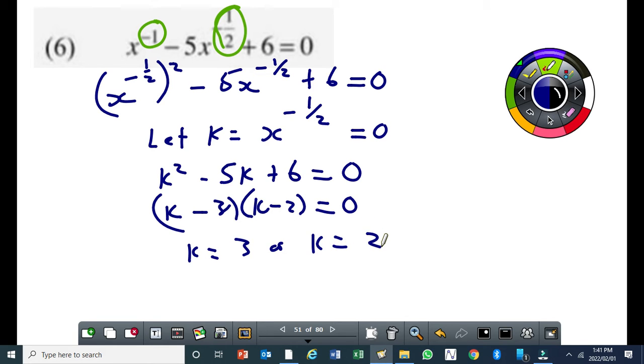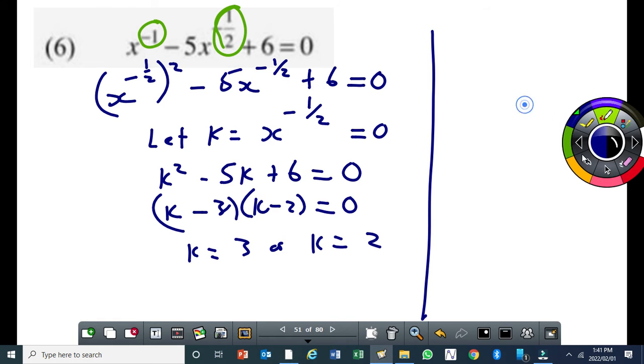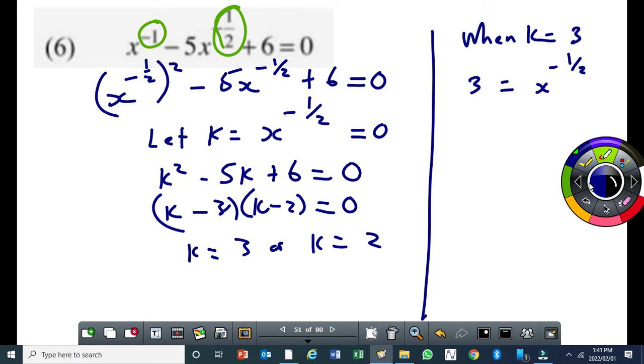Okay? Then we need to find the value of x. So when k is equal to 3, we substitute k equal to 3 there. So we end up having 3 equal to x to the power of minus a half. Remember, we want to solve for x.